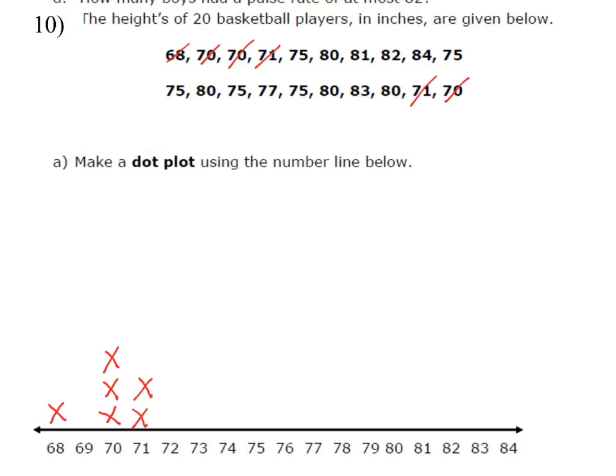How many 72s? There's none. 73s, none. 74s, none. There's 1, 2, 3, 4, 5 75s though. Any 76s? No, there's a 77.